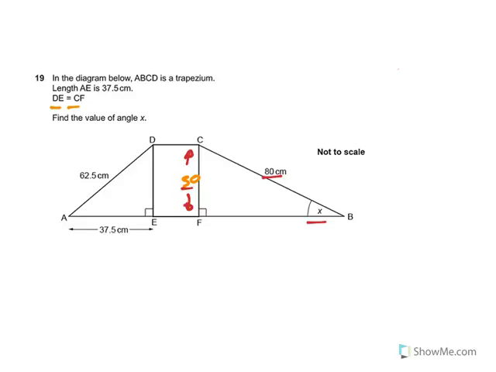we need to find the angle here x, and this is trigonometry. So when we do trigonometry, there's the quick rule we need to remember, which you probably remember from school: SOHCAHTOA. You need to work out what sides of the triangle we currently know. So we know this side here, and we know this side here.